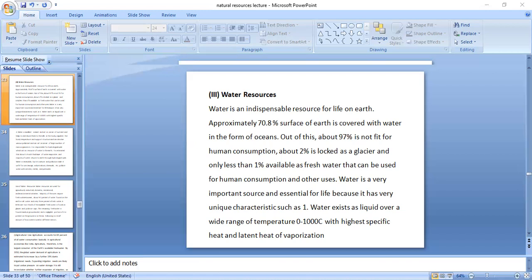Now, major water conflicts. Some of the major water conflicts have become a thorn in relations between states and countries. There are various conflicts between countries and between states, right?